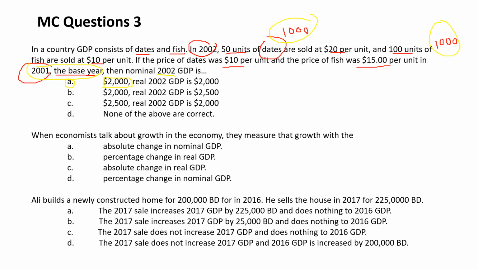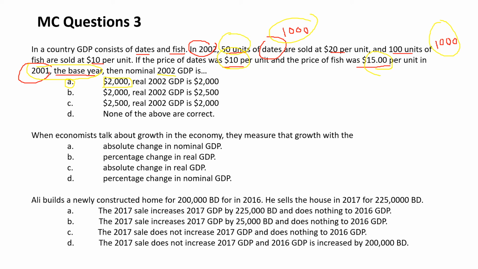Now the real GDP uses the price from the base year, and in this case we are going to use the $10 for the price of dates and $15 for the price of fish, and multiply it by the output of 2002, which is in this case 50 units of dates and 100 units of fish.